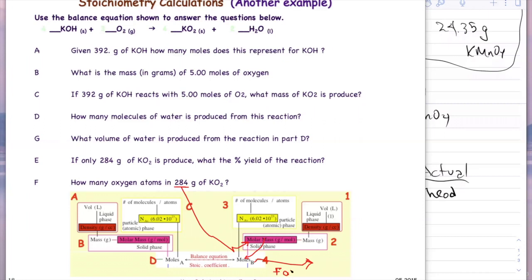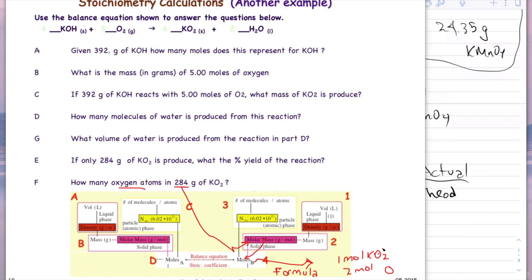because remember, to relate the moles of KO2 to the moles of oxygen, the relationship is for every 1 mole. This is not a balanced equation anymore. Okay, for every 1 mole of KO2, you have 2 moles of oxygen, the atom, because the question is the atom within, right here, how many oxygen atoms in 284 grams of KO2.